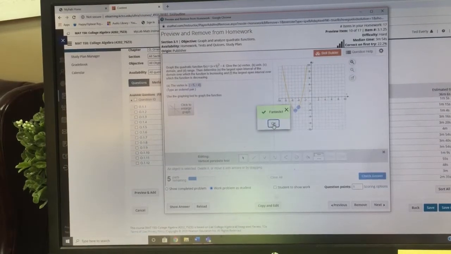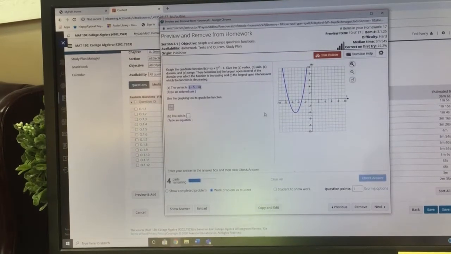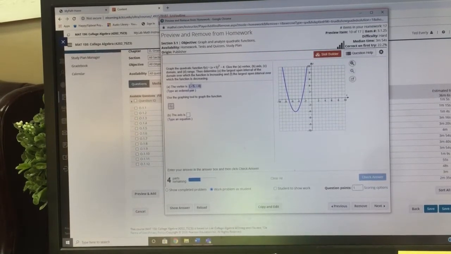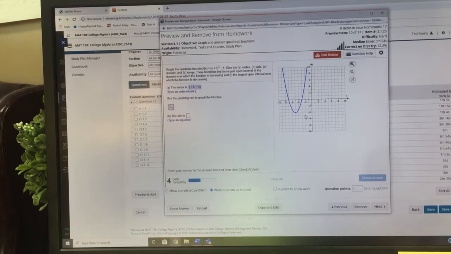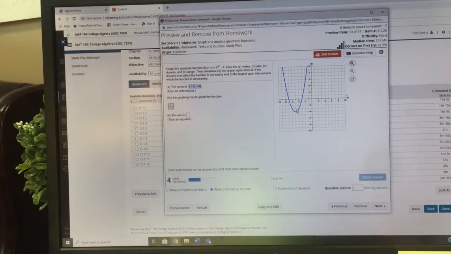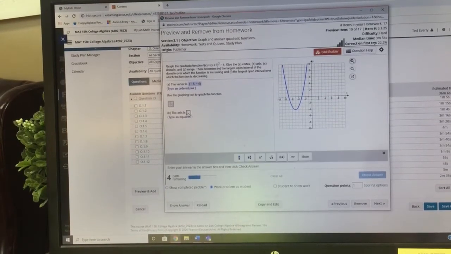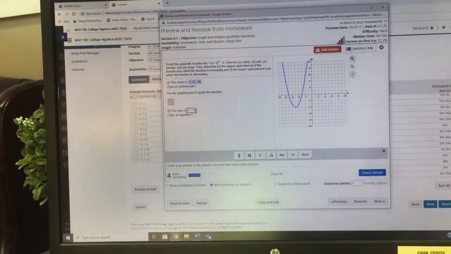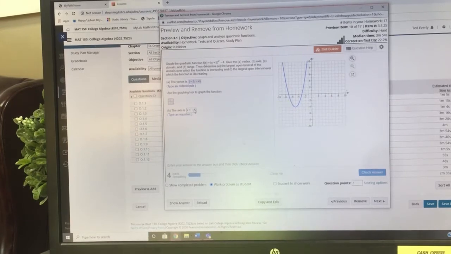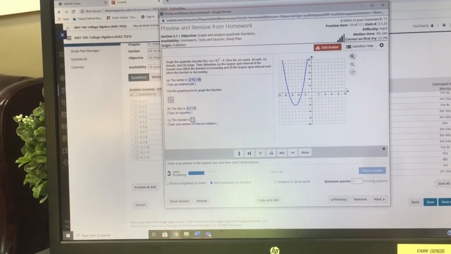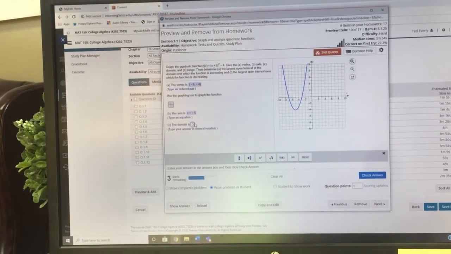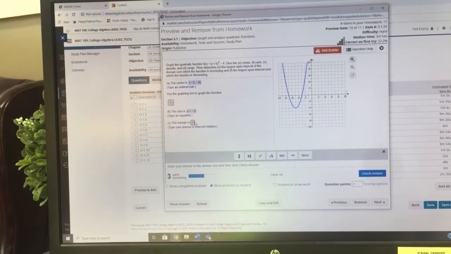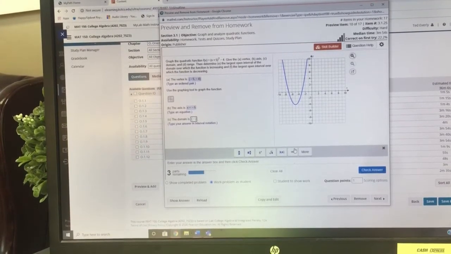All right, fantastic. And then we're going to do the axis of symmetry. It's always located at the x value, so I can just look right here, negative 5, or if you look at the graph here, negative 5 is right down the center of it. x equals that. Now the domain, every one of them, negative infinity to positive infinity.